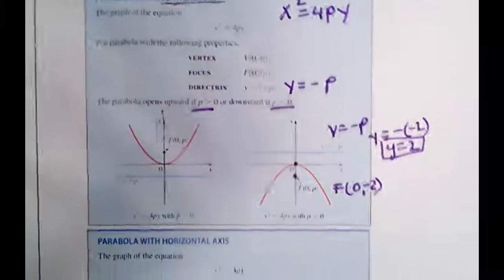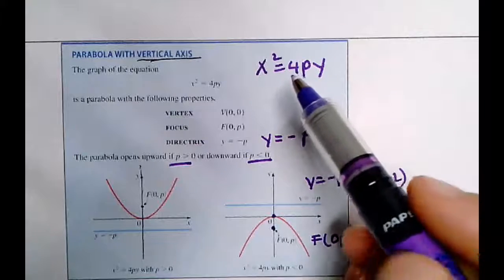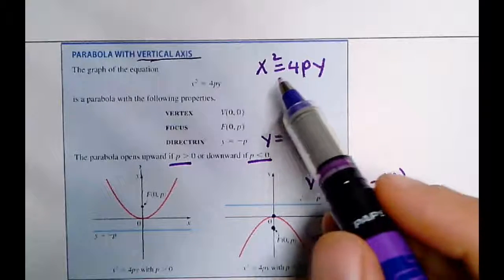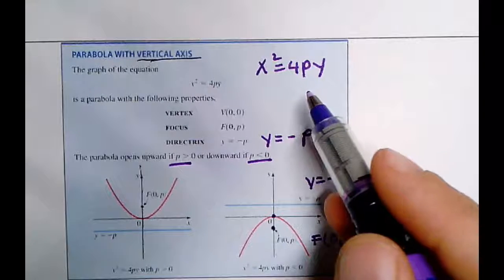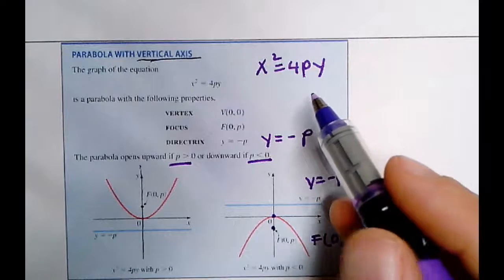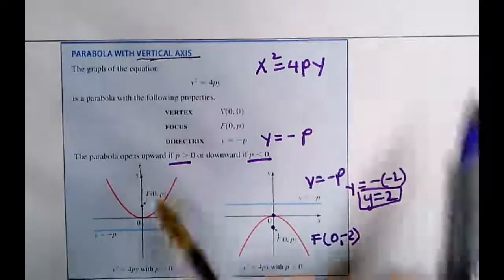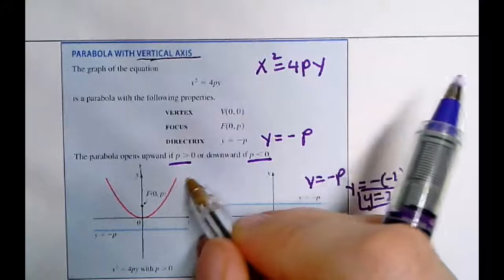Now, if we're going to switch the x and y, if you remember from inverse functions, when we switch the x and y, the graph became reflected over the line y equals x. So for example, this is the regular one, x squared equals 4py.